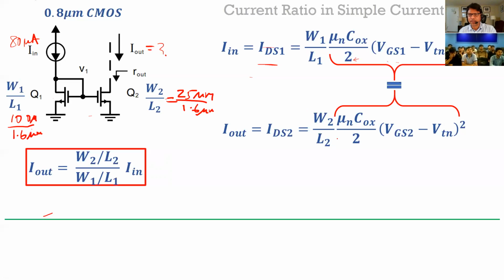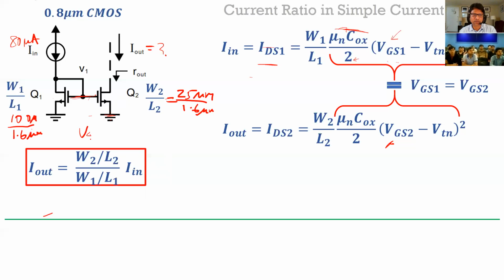Now, it so happens that these quantities are the same. The reason is mu n Cox is obviously the same, because it's the same technology. Now, VGS1 is also equal to VGS2, right? The reason for that is you can see here both the gates are connected to the same terminal, and both the sources are connected to ground.